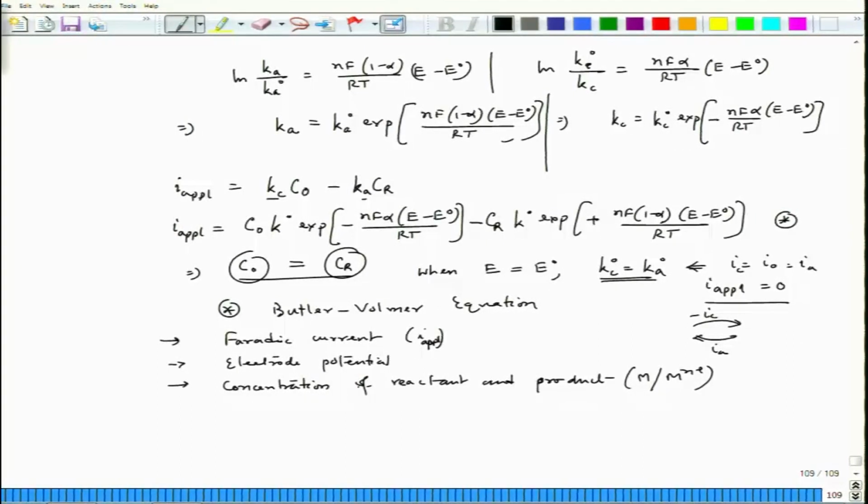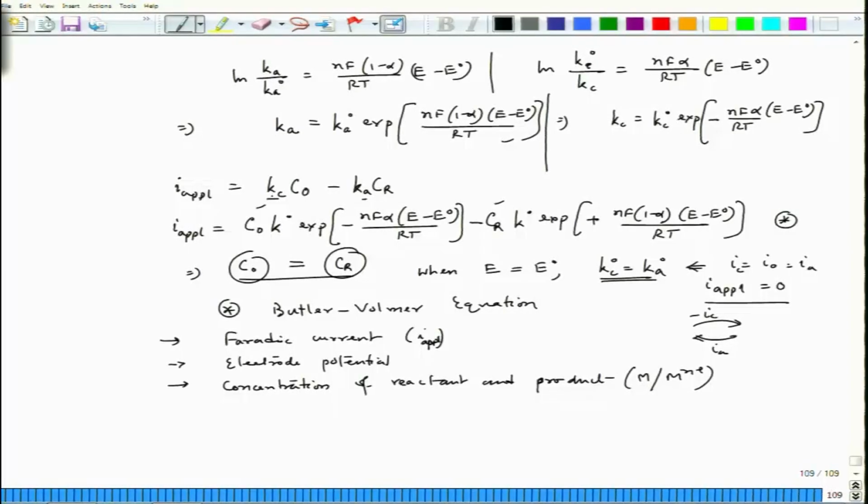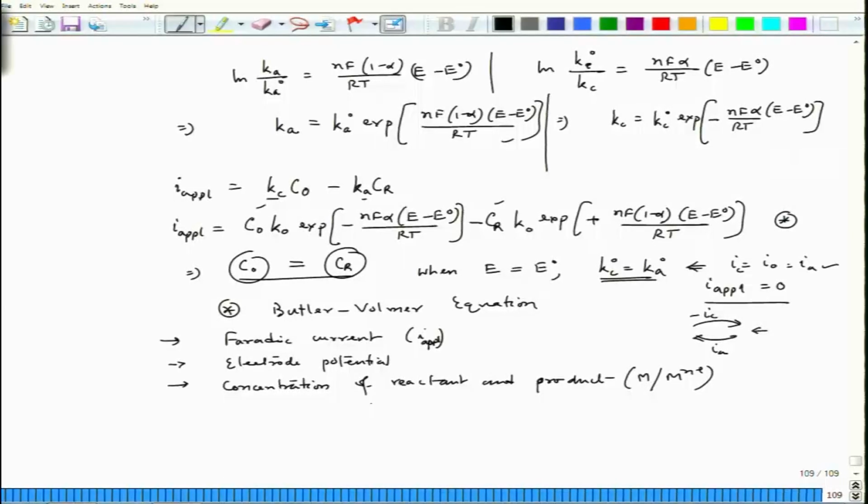Now, when it is actually polarized, that time this concentration may change depending on whether it is activation polarization or concentration polarization. So, we would look into that part a little later, but for the time being, we see that this Butler-Volmer equation has a relation between Faraday current, electrode potential and concentration of reactant and product, and from this relation we can actually derive the Nernst equation too.